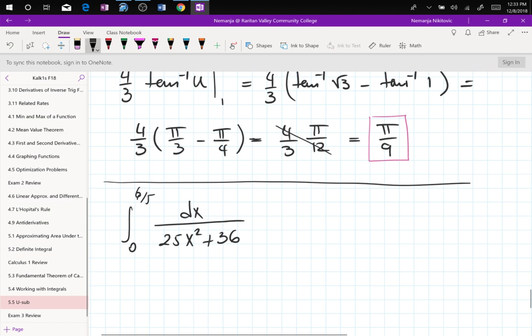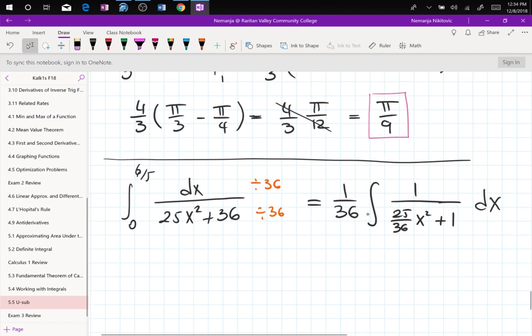And there's a lot of steps involved. I have to divide top and bottom by 36. So that's 1 over 36 in front of the integral. And inside the integral I still have my, well, I can put 1 over 25 over 36 x squared plus 1. You see, that was my first step, was to make that plus 1, because our formula requires plus 1.